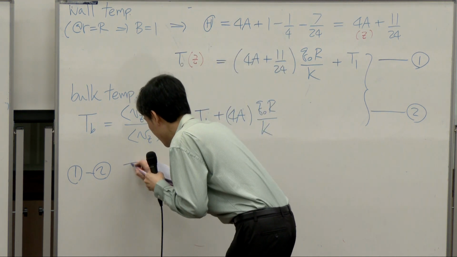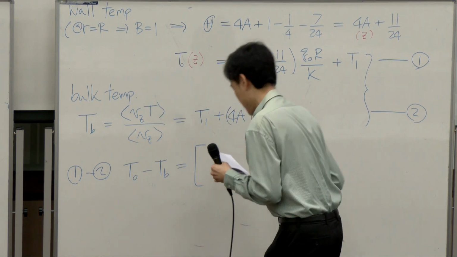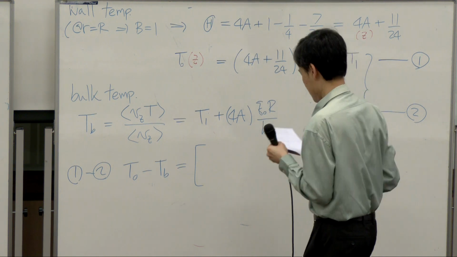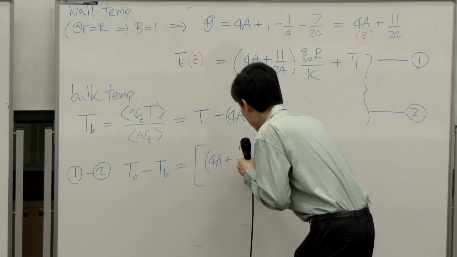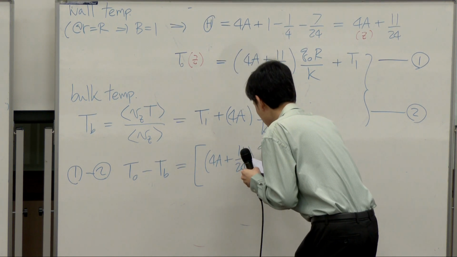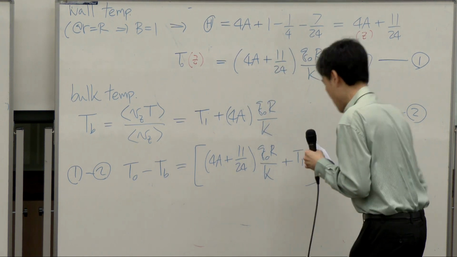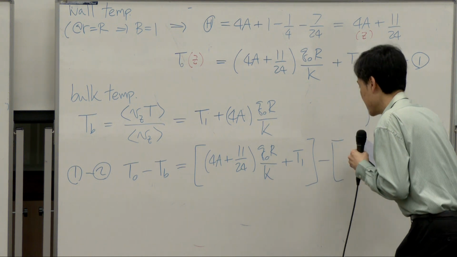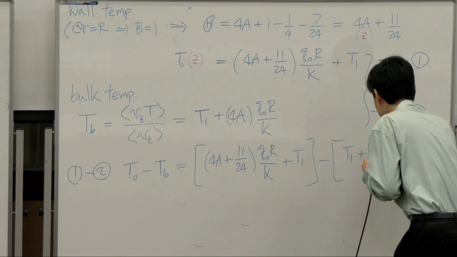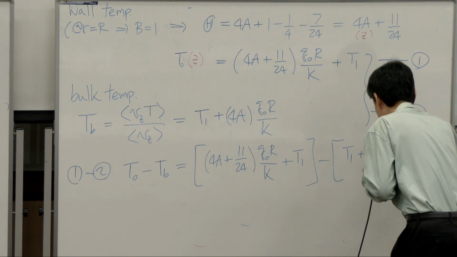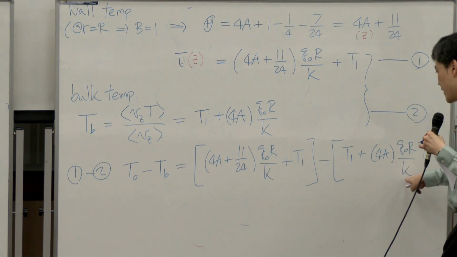So I get T0 minus T bulk equal to 4A plus 11 over 24 Q0 R over K plus T1, minus TB, which is T1 plus 4A Q0 R over K. Okay, and you see that 4A Q0 R over K here and there cancel out.